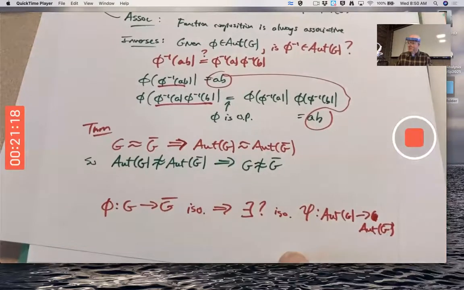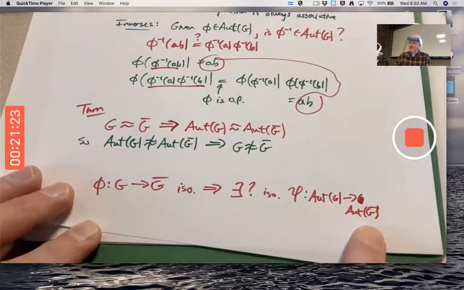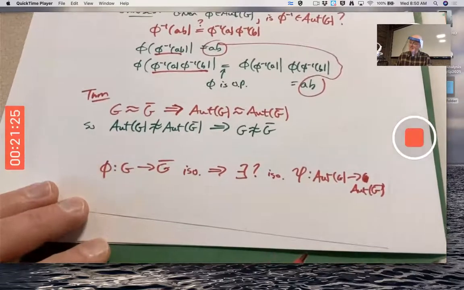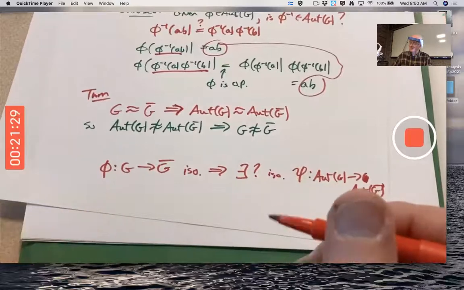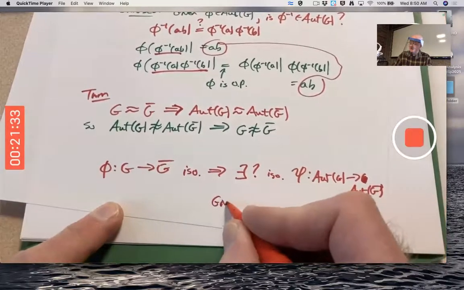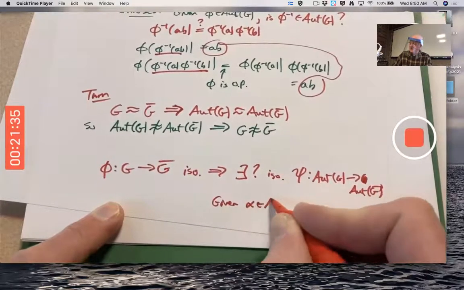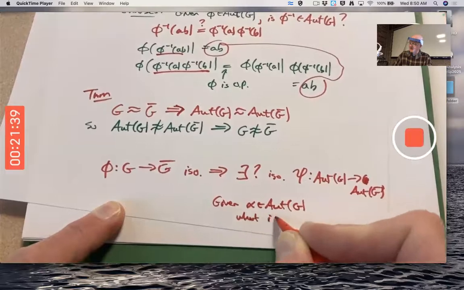So you'd have to ask, what does psi map in this group to something in this group? Yeah, the notation is getting funny. Given an alpha in Aut(G), what is psi of alpha?